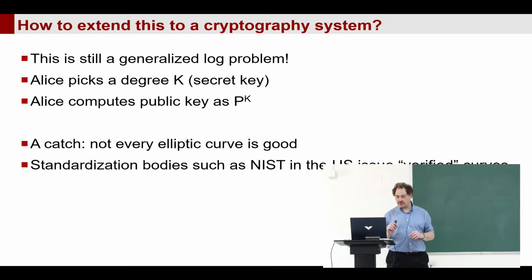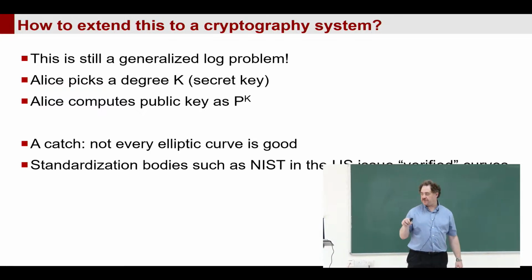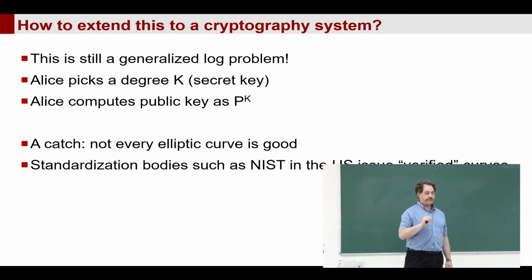So Alice takes the generator and calculates P to the degree of k, where k is the secret key. And again, it can be done more efficiently. It can be done in time logarithmic with k, in the same way.